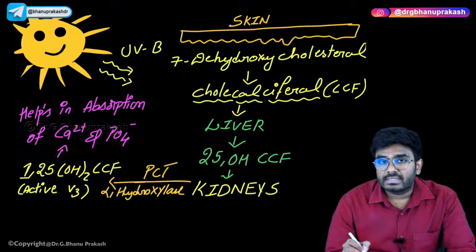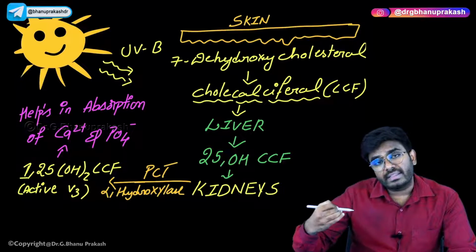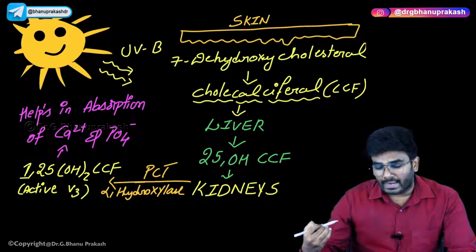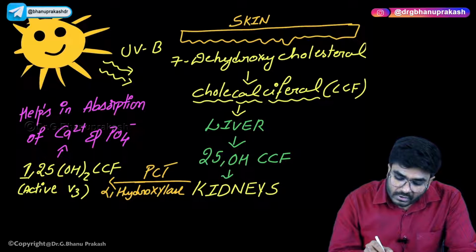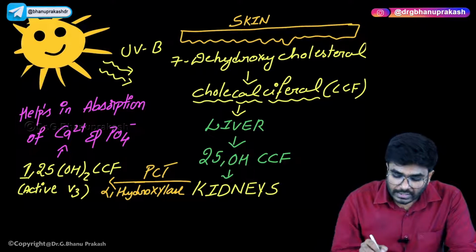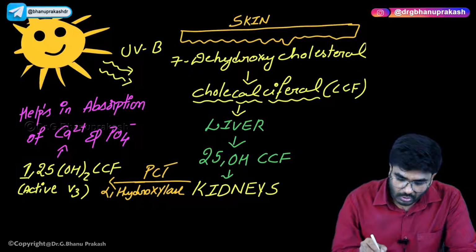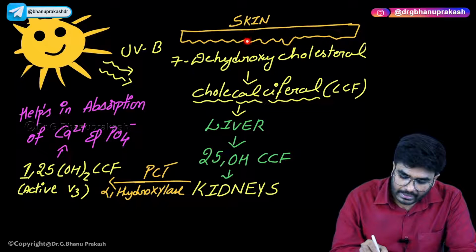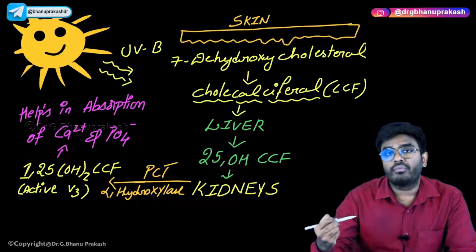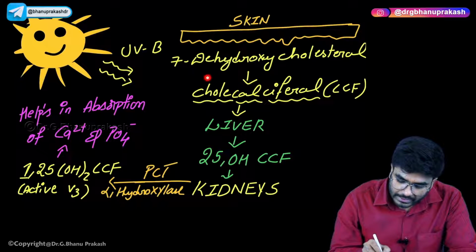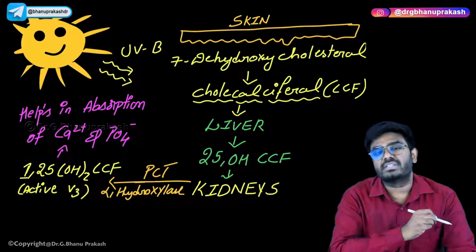When these ultraviolet B rays fall onto the subcutaneous fat, there the cholesterol is going to be converted into 7-dehydrocholesterol. Now this 7-dehydrocholesterol under your skin, with the help of UVB light, will be converted into cholecalciferol. This is the first step.